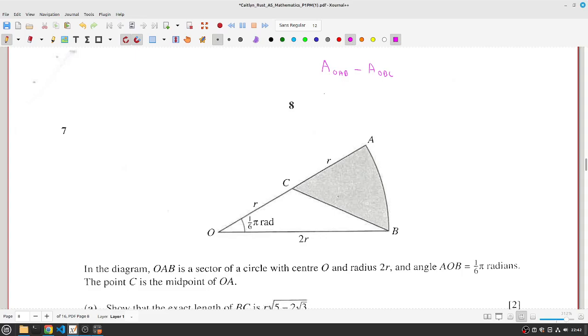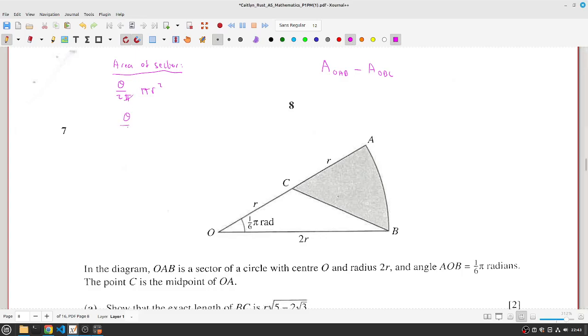Okay, area of the sector. So for a sector, same thing. We'll take our area of sector. Again, that is just going to be the angle over a full circle times by pi r squared, the area of a full circle. So again, we can cancel these two pi's out.